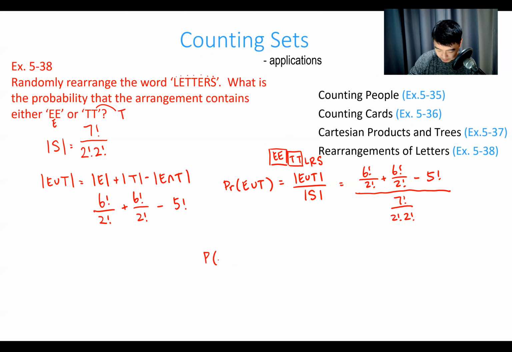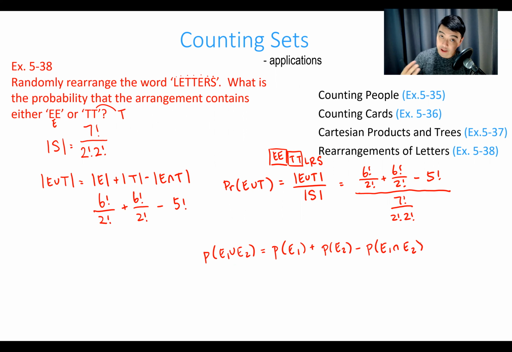The probability of E1 or E2 is equal to the probability of E1 plus the probability of E2 minus the probability of E1 and E2. So that is to say that the inclusion-exclusion principle that we talked about before works with probability as well. The reason why this works is because the size of S, the sample size, is constant in this equation.